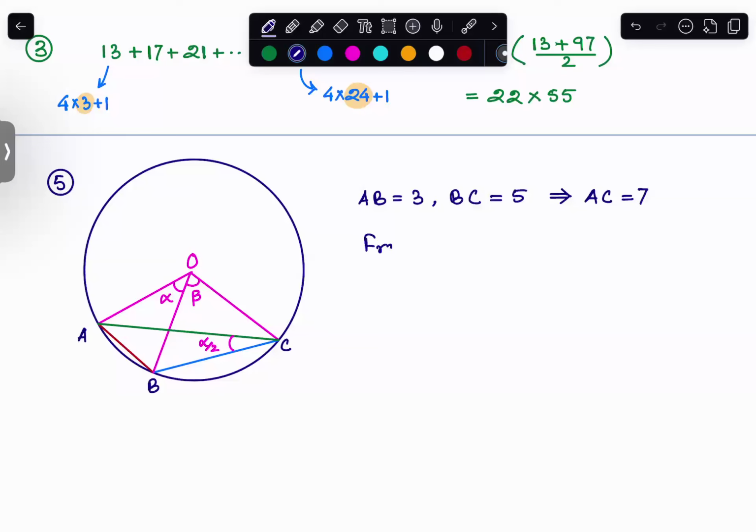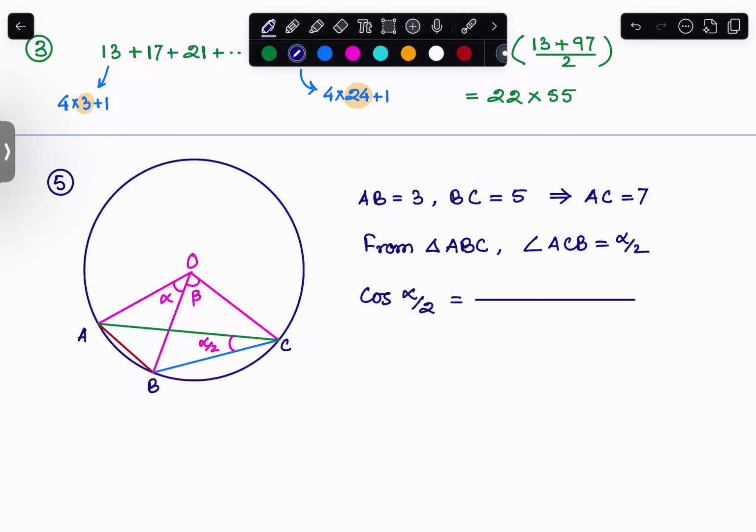Now, from triangle ABC, we identified angle ACB being alpha by 2, and all the three side lengths of this triangle are known. Hence, using the cosine formula, cos of alpha by 2 can be written as the sum of the squares of the arm lengths.